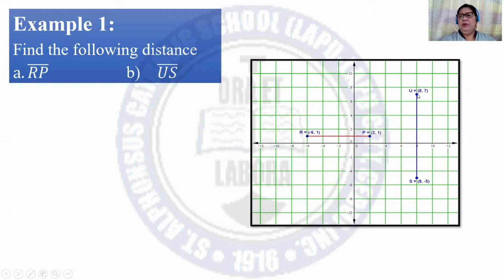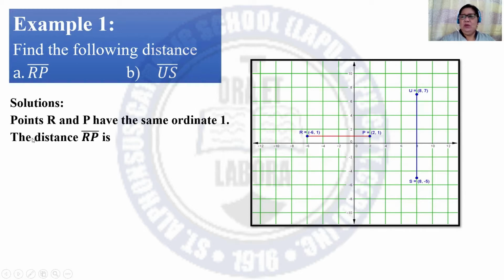For U, we have 8 and 7. For S, 8 and negative 5. For the solutions, points R and P have the same ordinate, which is 1, because the segment passes through 1.